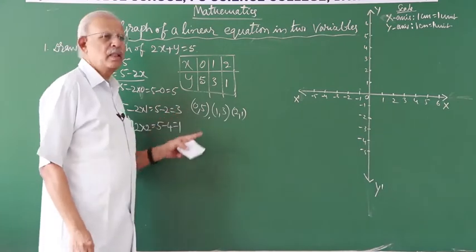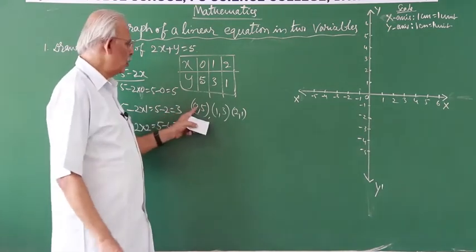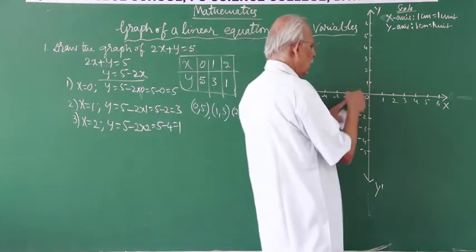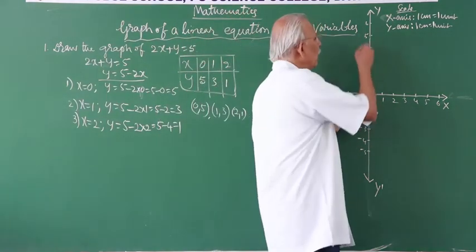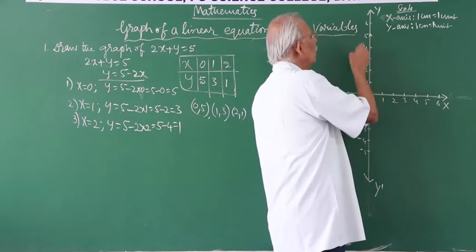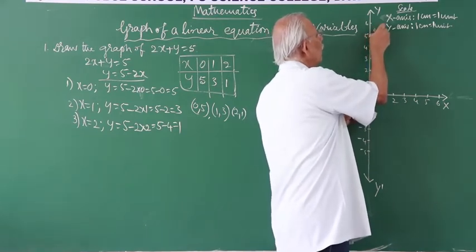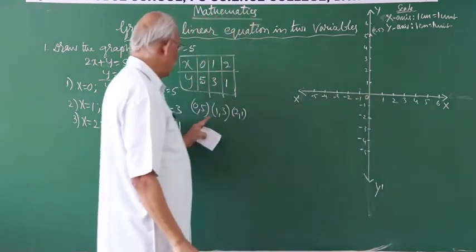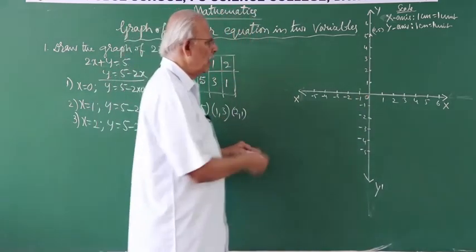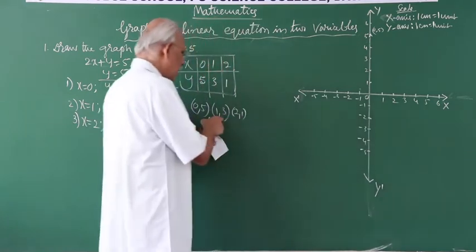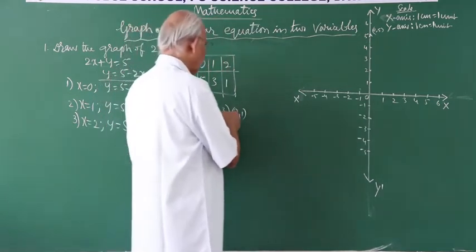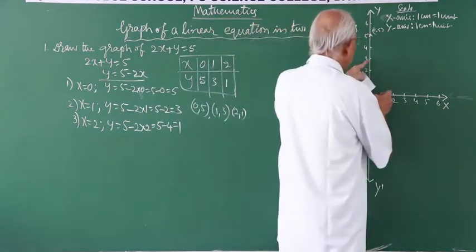Now mark these points. (0, 5). On the x-axis it is 0, so it is here only. On the y-axis, 5. So this is (0, 5). Next (1, 3). 1 along the x-axis and 3 along the y-axis.